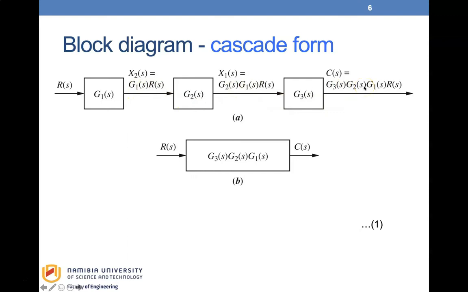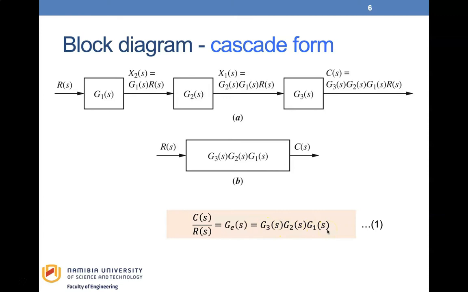Therefore, the subsystems can be reduced to an equivalent block diagram as shown in figure B. And the equivalent transfer function G subscript E, defined as the output Laplace transform divided by the input Laplace transform, is given by equation 1.